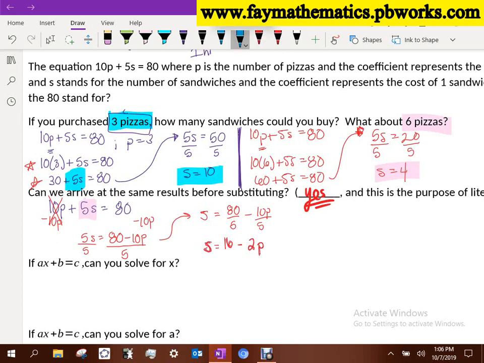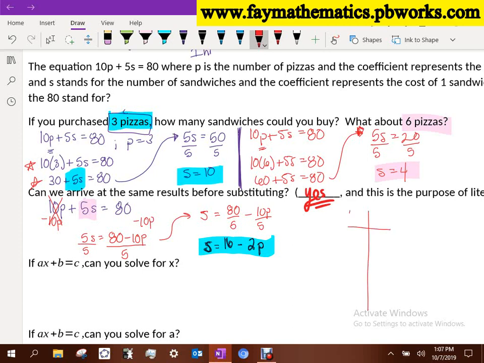So what that formula does, guys, is that it provides me with a method for finding out how many sandwiches I can buy when I know how many pizzas I've bought. And it's a lot more efficient, a lot quicker than the process that we laid out up here. So let's do maybe a little T-chart here.